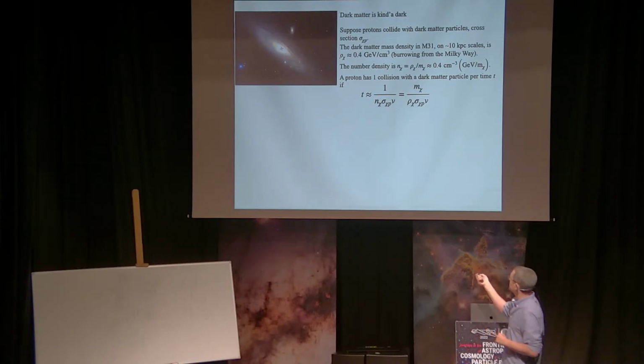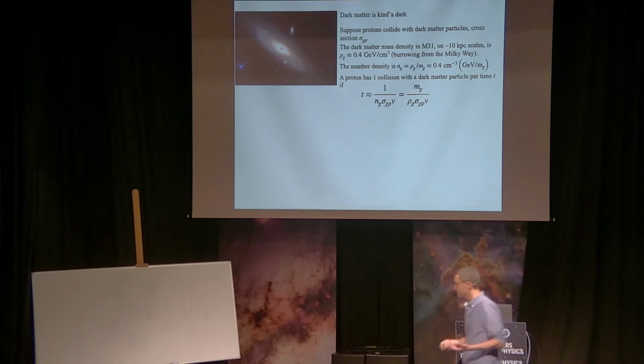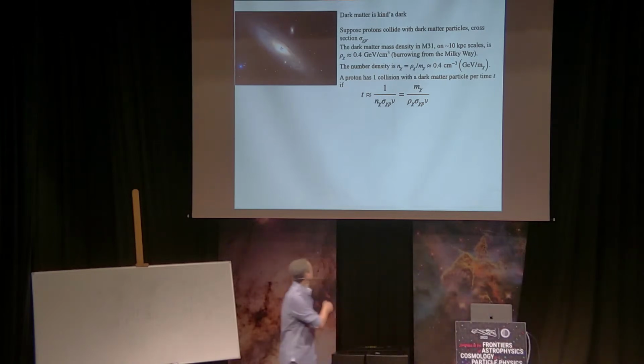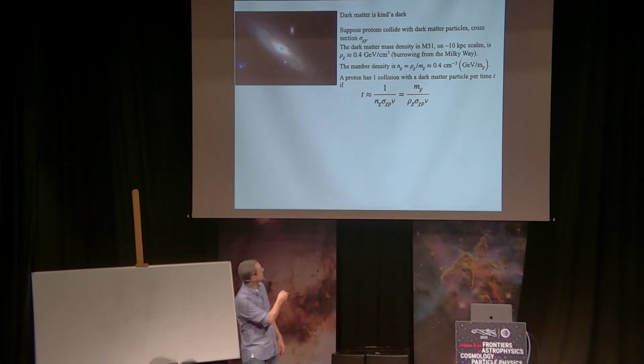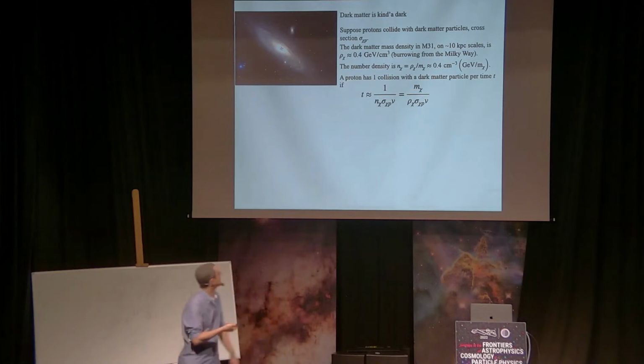So we know the dark matter mass density in a galaxy like Andromeda, somewhere in the middle of the galaxy where we would live if we were in Andromeda. And I'm taking the numbers from the Milky Way. They are essentially cousins. Now, the number density of dark matter particles is just the mass density divided by the particle mass, so it's rho over m. If the dark matter particle mass is 1 GeV, for example, the number density is 0.4 particles per centimeter cubed.